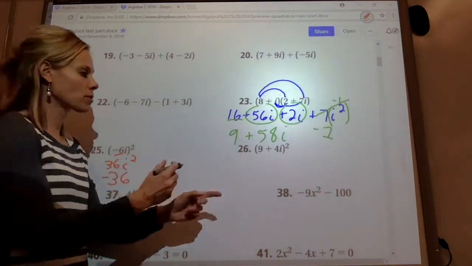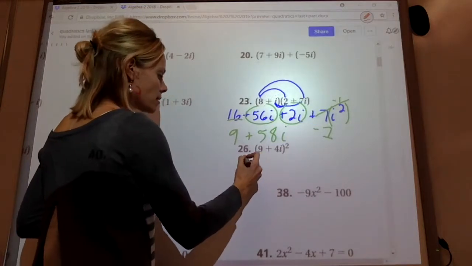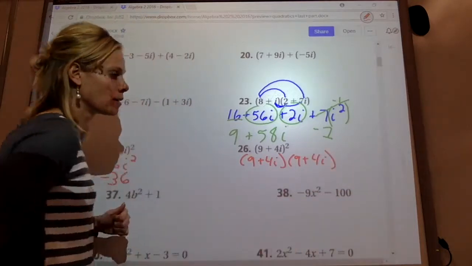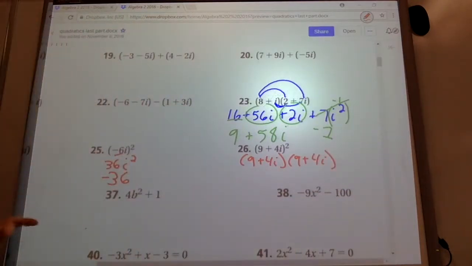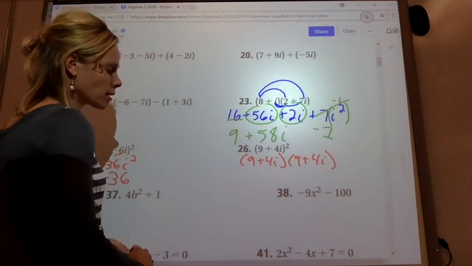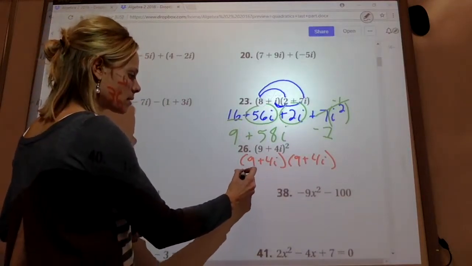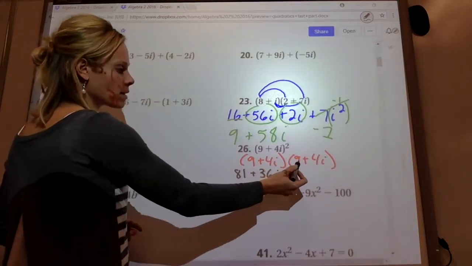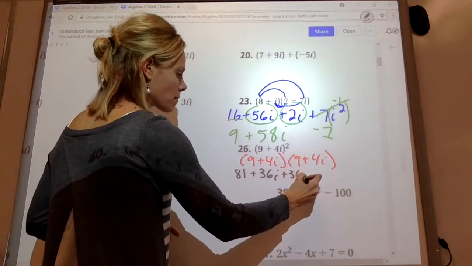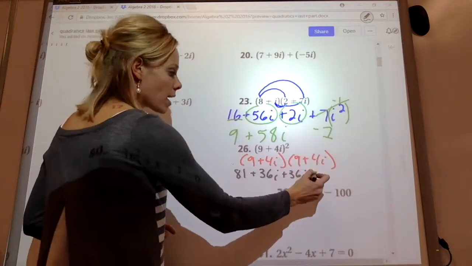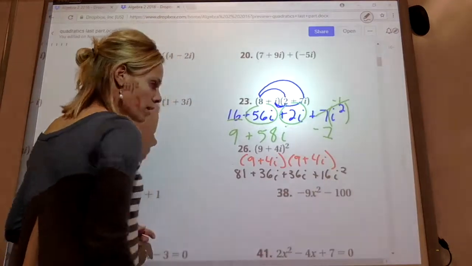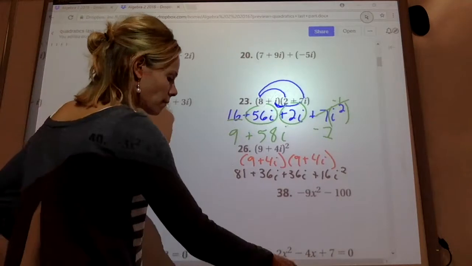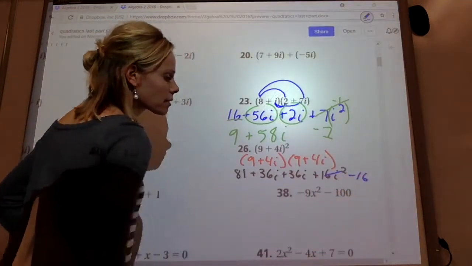And if you have a binomial squared, you should hopefully know that this means 9 plus 4i, 9 plus 4i. Right? Anything squared means it happens twice. And then I would just FOIL again. 9 times 9 is 81. 9 times 4i is 36i. 4 times 9 is 36i. 4i times 4i is 16i squared, which is really going to be negative 16, right?